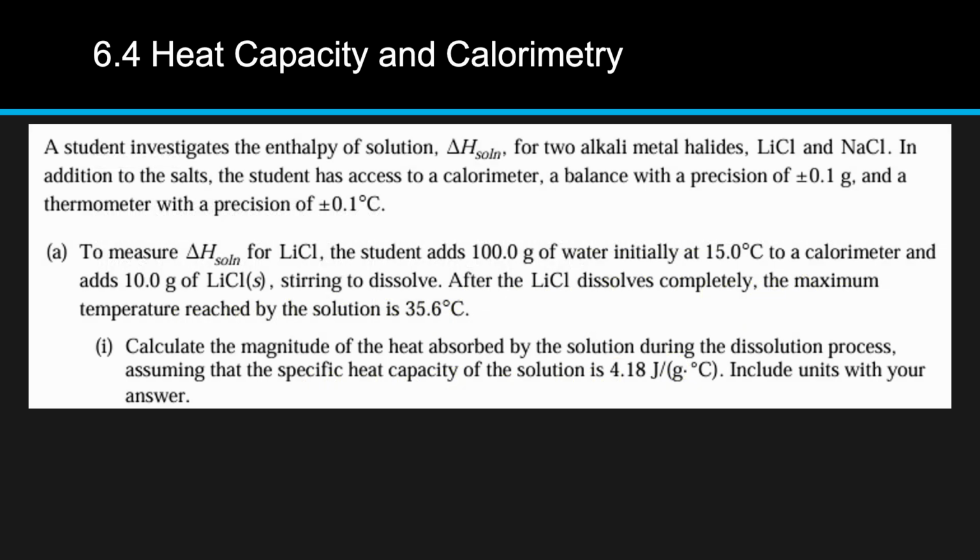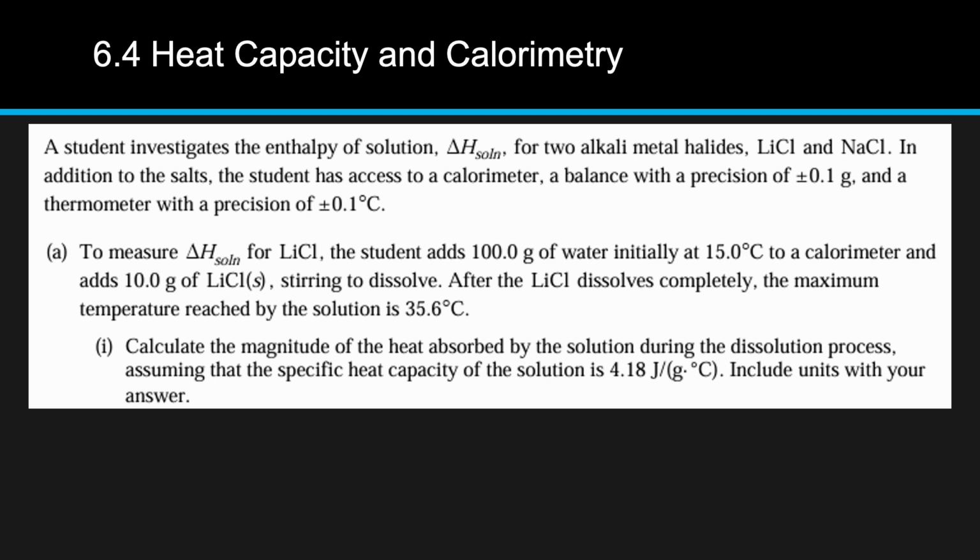All right, so this next one says a student investigates the enthalpy of solution, which is delta H, for two alkali metal halides, LiCl and NaCl. In addition to the salts, the student has access to a calorimeter, a balance with a precision of plus or minus 0.1 grams, and a thermometer with a precision of plus or minus 0.1 degrees Celsius.